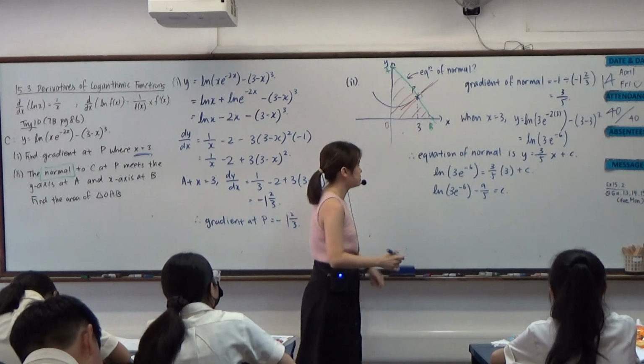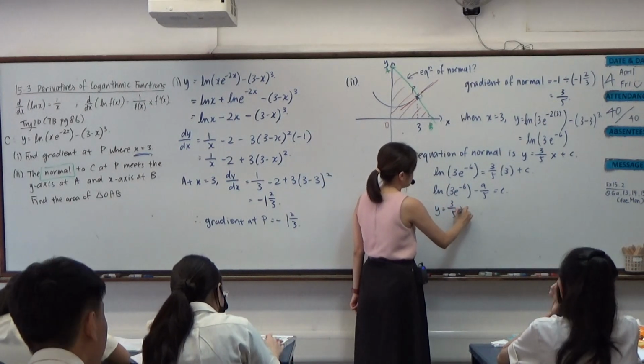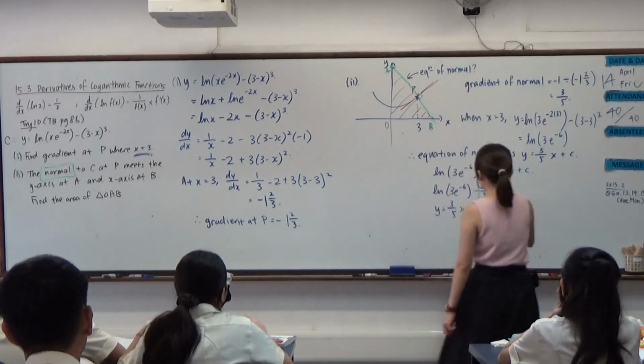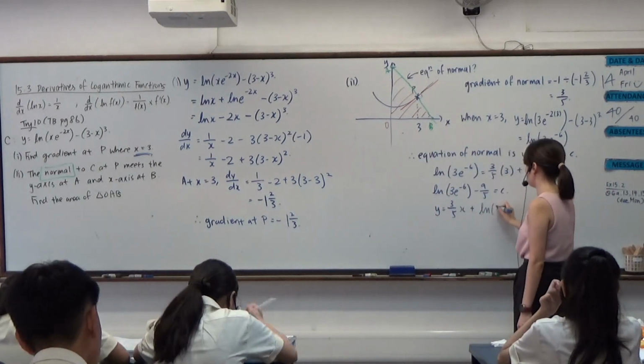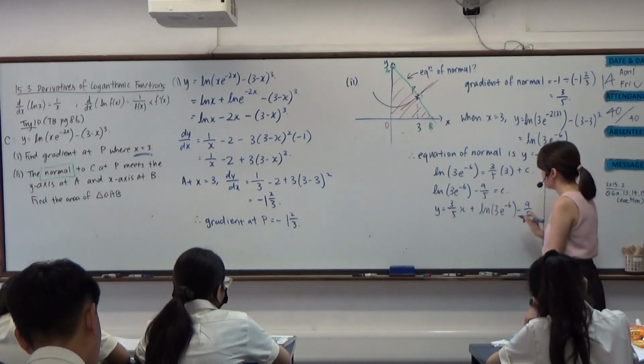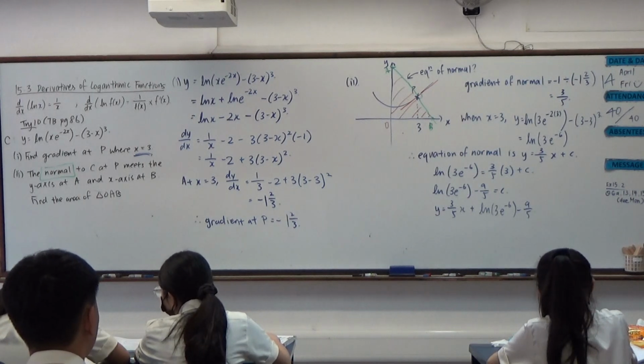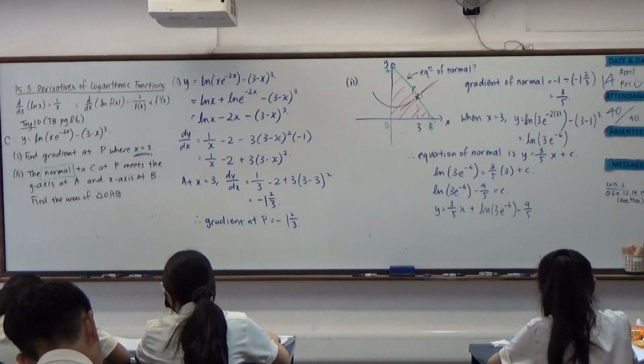So c equals this, and our y will then be equals to this. That will be the equation of the normal.